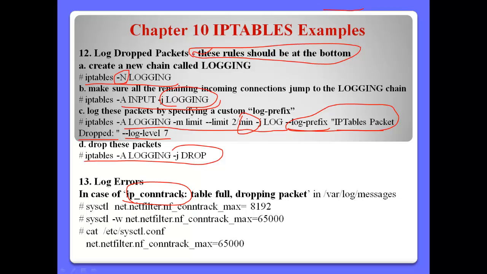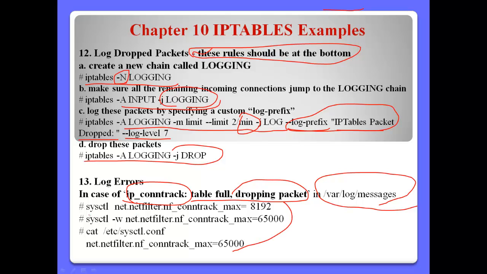connection tracking module in Iptables, you can see some error messages like this. Table full, dropping packet, is in the log message. In this case, we need to extend the connection tracking module's maximum number.